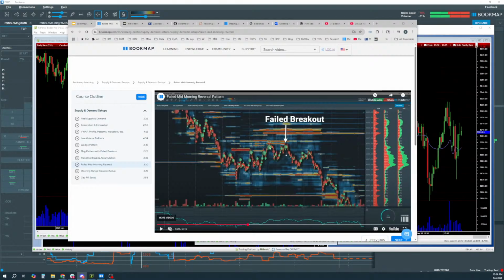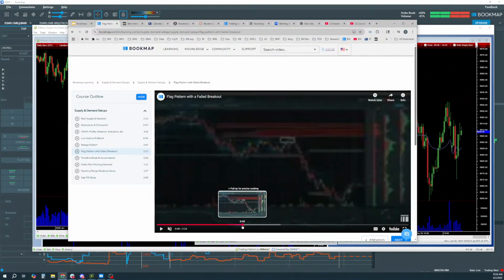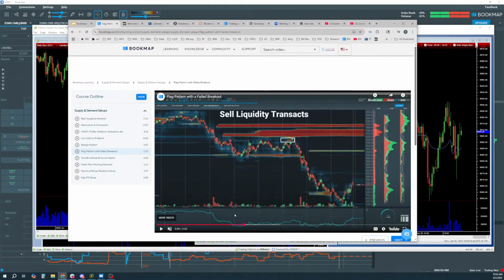What it means is the market peaked higher, couldn't accept higher, comes back down, and you see the selling come back in. So this is not it here because it's making an equal high, a double top. We covered it though in this one here, the flag pattern with a failed breakout. This is a really great pattern. Let me just show you this in here. And this is very similar to the Wyckoff spring.